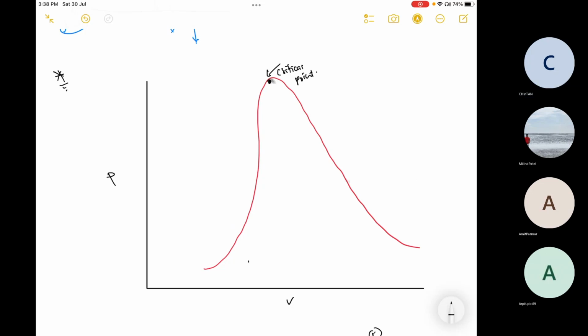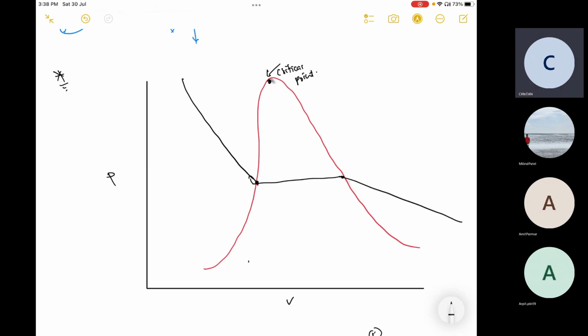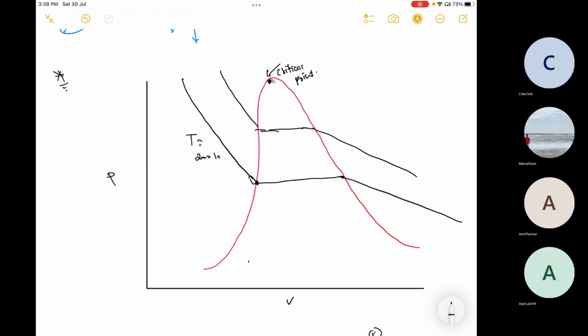At a constant temperature, the curves should look like this. Let's suppose T is equal to 200 Kelvin. At a higher temperature, it looks something like this, 300 Kelvin.